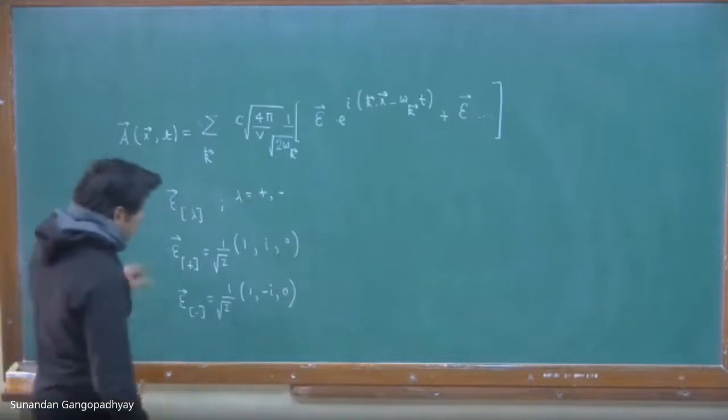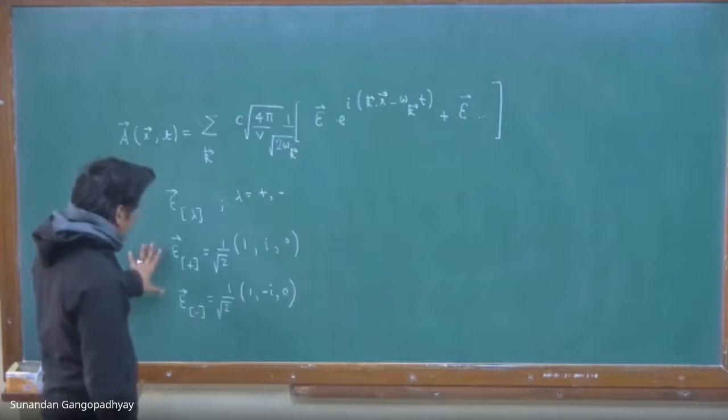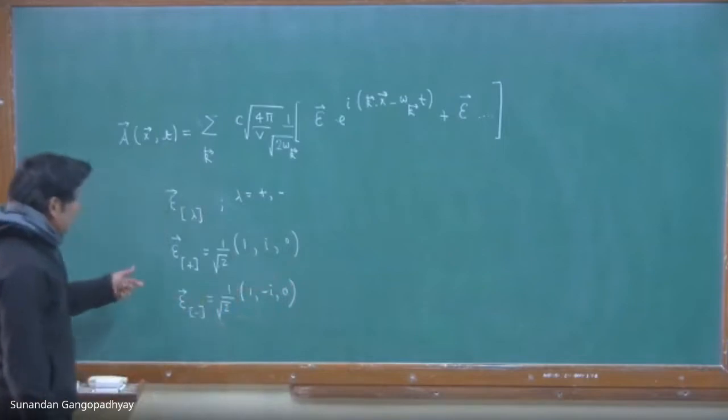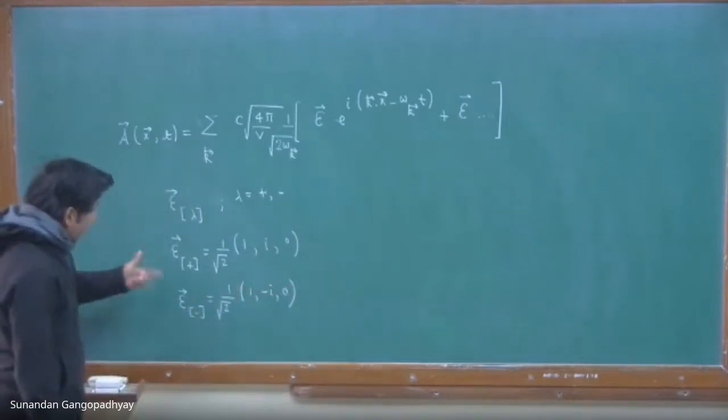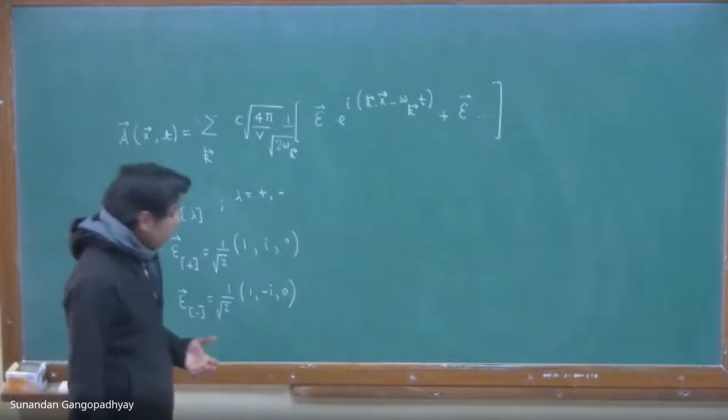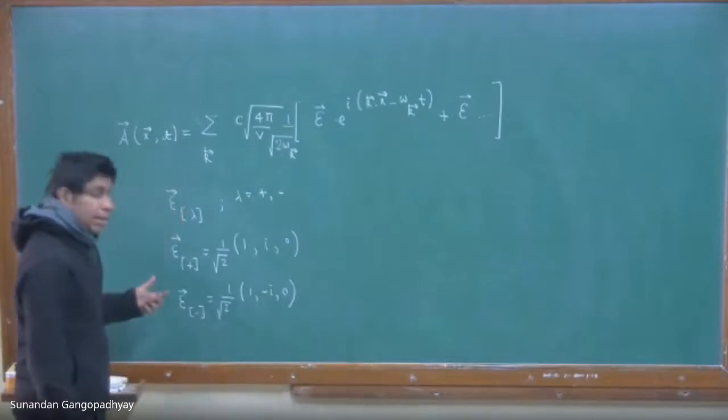independent states of polarization, and this polarization picture is for the classical electromagnetic wave, whereas if you interpret light as something quantum, then you have to interpret these as photons.